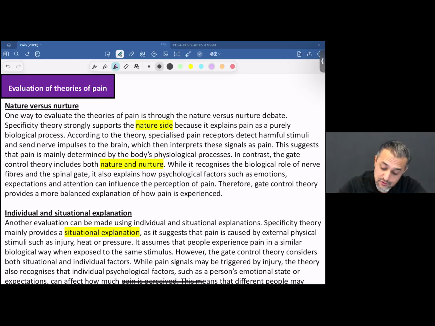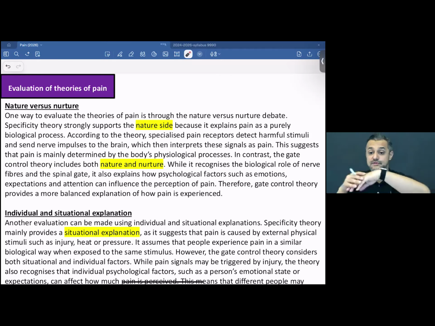So one way to evaluate the theories of pain is through the nature versus nurture debate. Specificity theory strongly supports the nature side because it explains pain as a purely biological process. Remember the example where I said you hurt a particular part of your body.